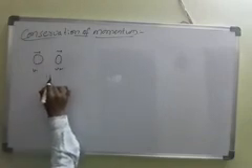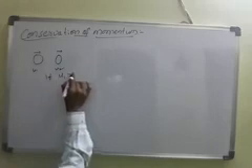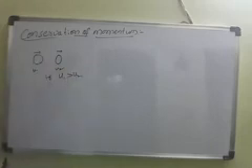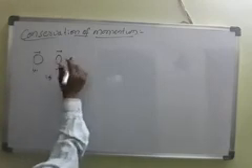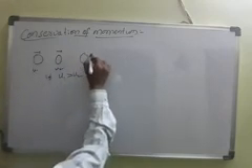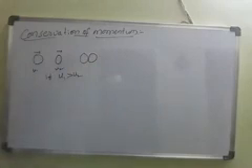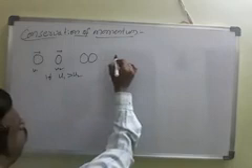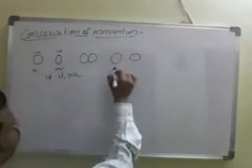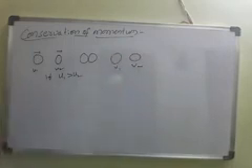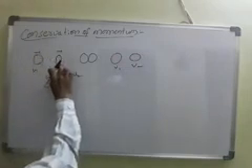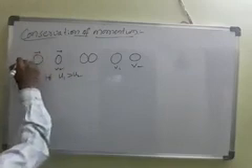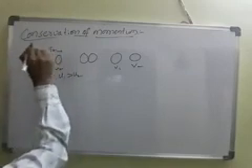If u1 is greater than u2, its speed is more, so it will go and collide with the other one. After the collision we get the final velocities v1 and v2. This marble gives some force on that one and that one also gives some force on this one. So this is F1, this is F2.